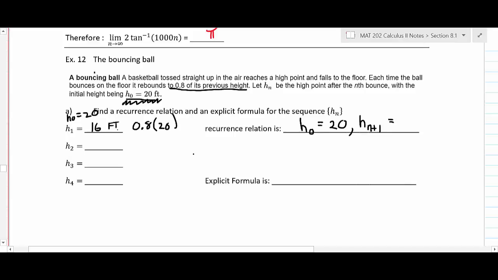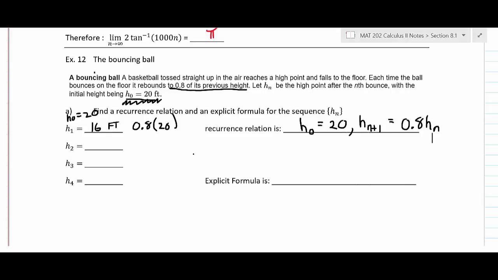So what you're doing to get that term is 0.8 times h of n. If h is 20, 0.8 times 20 gives you the next term, and so forth. So that is your recurrence relation. Does that make sense? You're just doing 0.8 of the previous term.